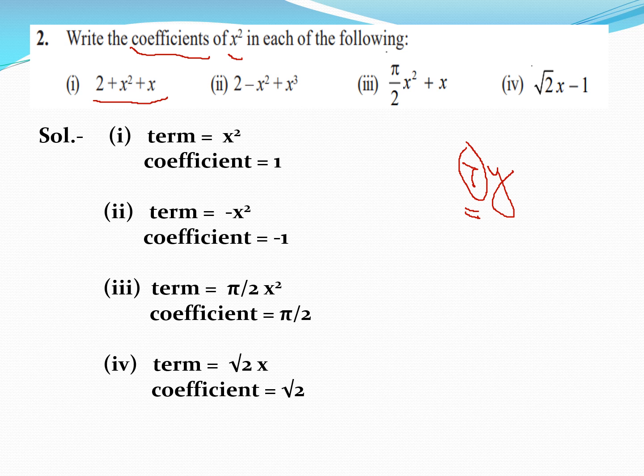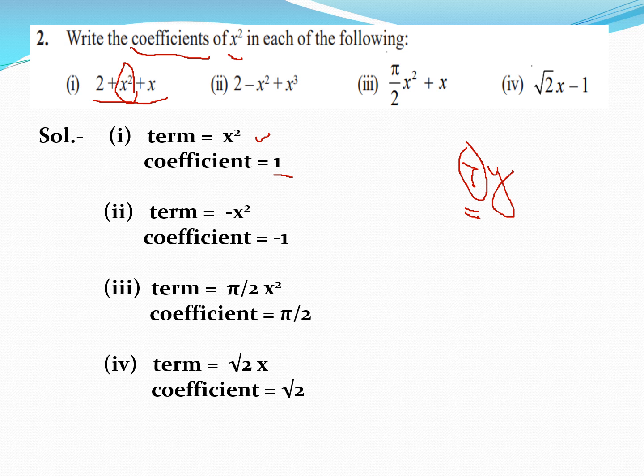Out of these three terms, we first see the term with variable x square. This second term is the term with variable x square. So we write the term is x square. Now with this x square, what is the numeric value? Nothing is there, that means it is multiplied by 1. That means the coefficient of x square in this polynomial is 1.